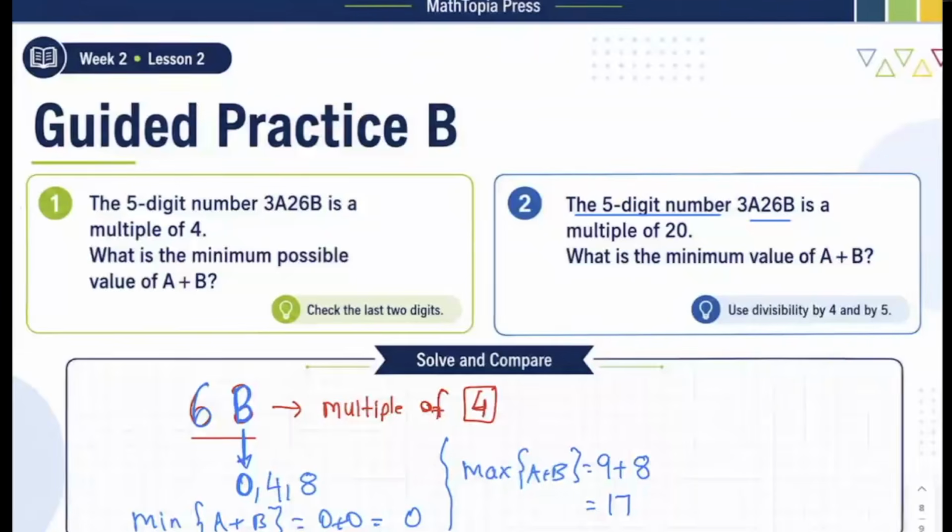So the only possible value of T is 4. Also, A plus 2 equals T, which means A plus 2 equals 4. Therefore, A equals 2. The sum of A plus T equals 2 plus 4 equals 6.